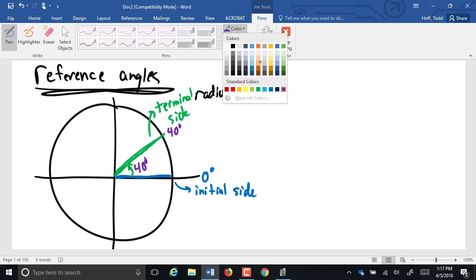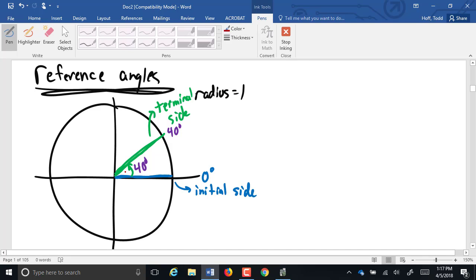But since it just wraps around a circle, there's nothing to keep it from going all the way around and back there. So when we have that green terminal side, it could be 40 degrees, but it could also be 400 degrees or 760 degrees.